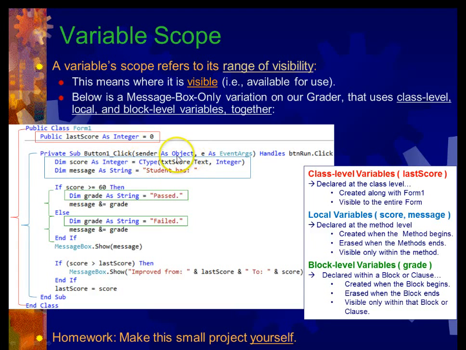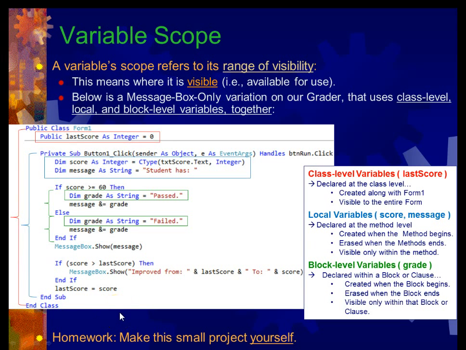Okay, so when it exists is as long as this code is running, it exists, but it dies as soon as this code is gone. So the scope of a variable declared in here, we say, is just within this private sub here, or this button click handler code. Okay? And on the other hand, something out here will exist as long as the form is visible.